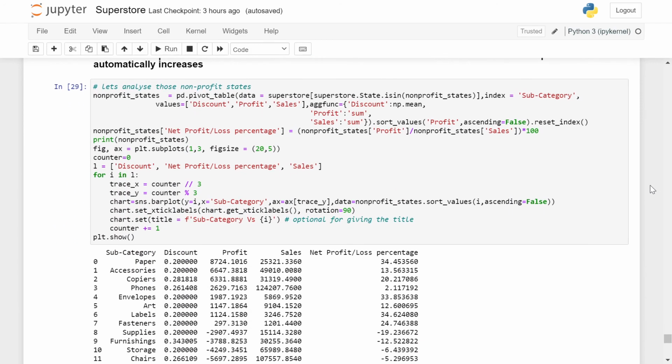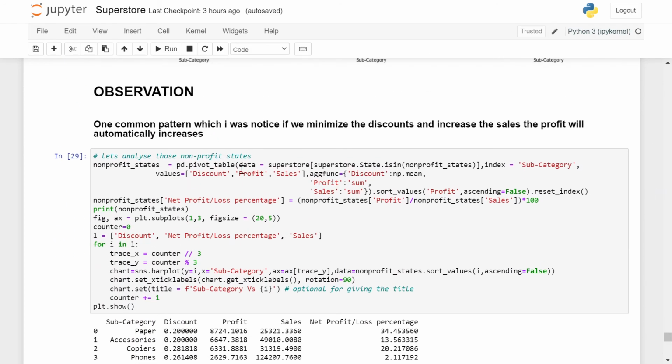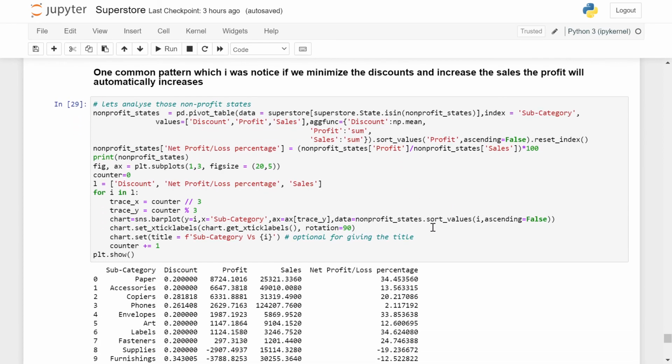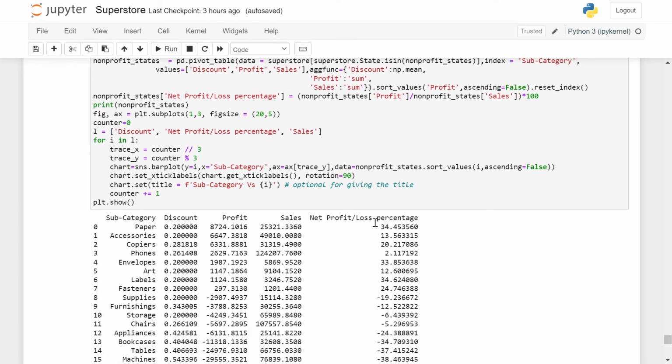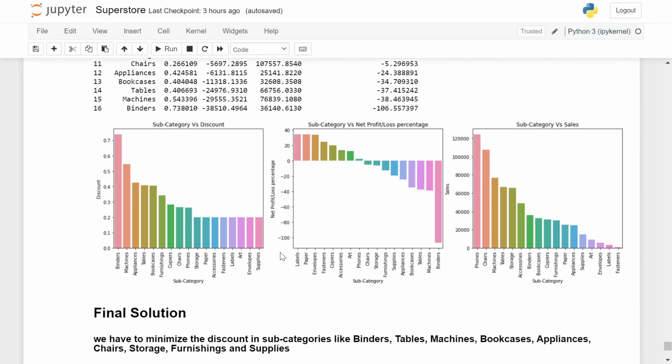After this, I also did the same analysis for those 10 non-profit states. Here you can see they are giving a very high discount. In binders they are giving 70% discount, in machines they are giving more than 50% discount, and their sales were low.